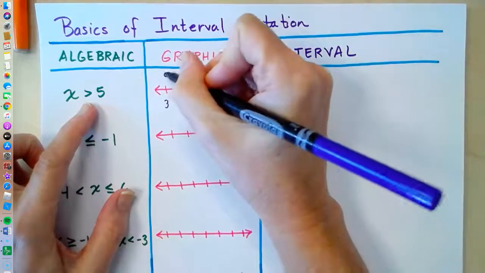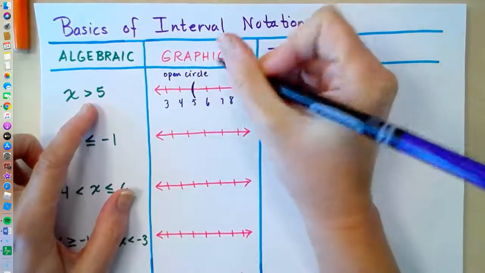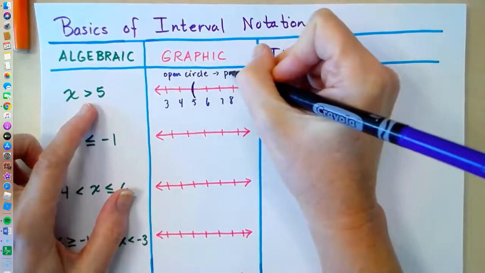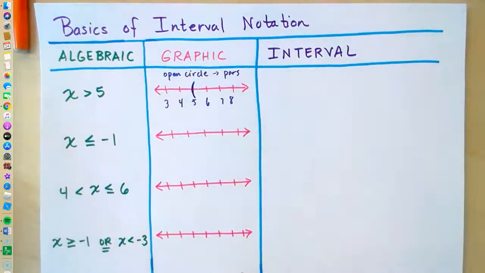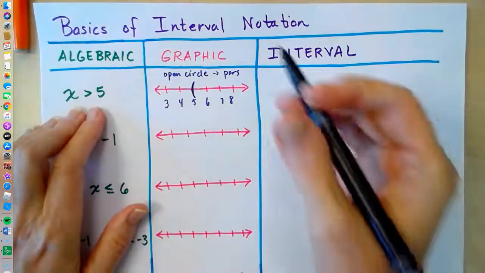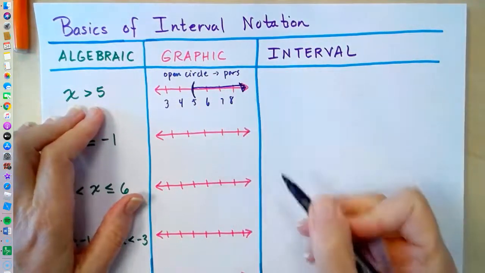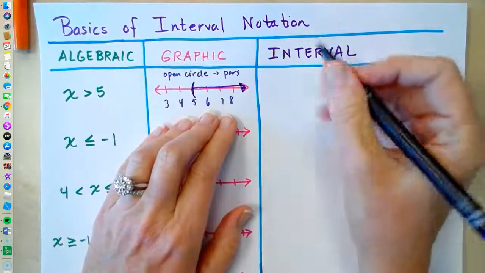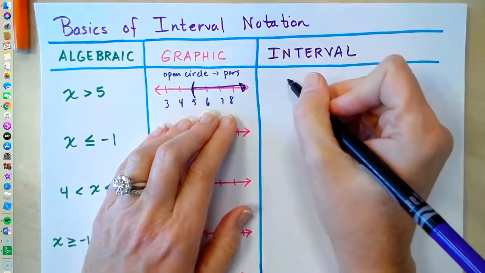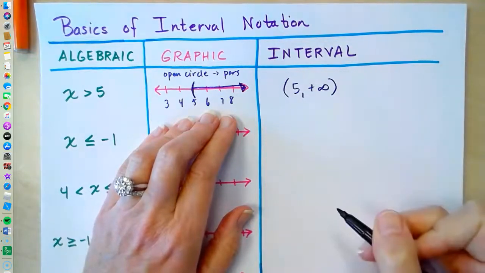So basically, the open circle is the same thing as a parenthesis. All right? And the parenthesis does not show inclusion. And then, of course, since it's greater than 5, we would be shading to the right. Now, we can go straight from this graphic notation to interval notation, which would be parenthesis 5 to positive infinity.